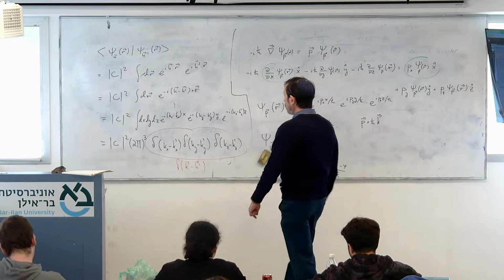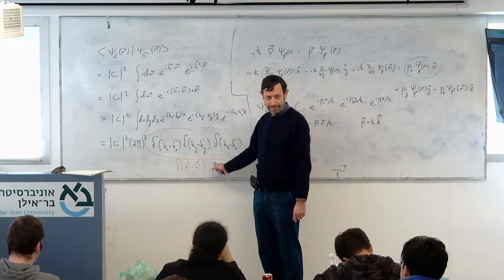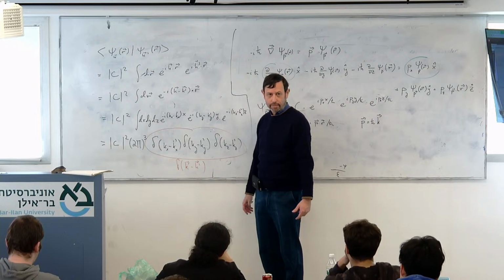And this is almost the Dirac normalization, up to 2 pi to the power of 3.